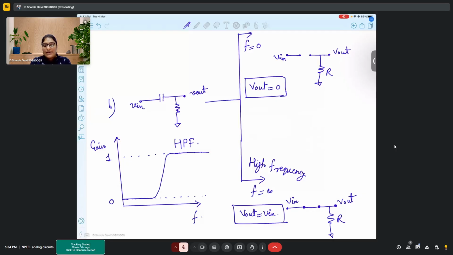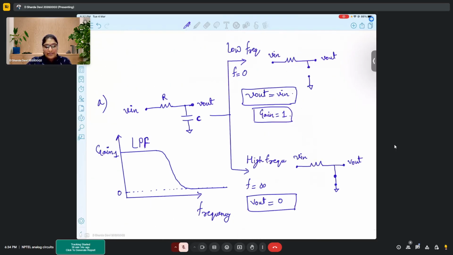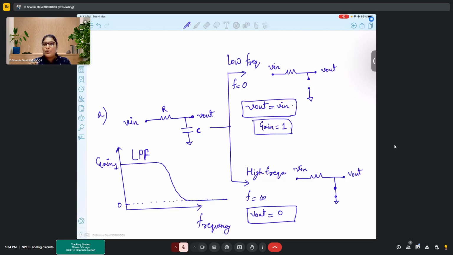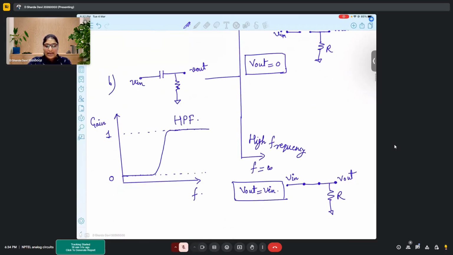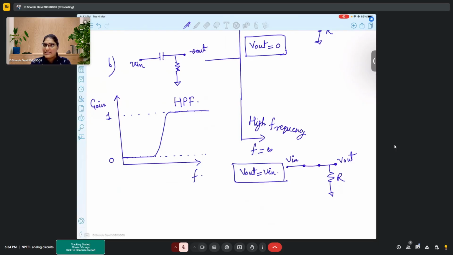Okay? And we have already observed that for a low pass filter, we would only need a single pole, nothing much is required. And for a high pass filter, we would need a pole followed by a 0 to get the behavior of a high pass filter. Okay, so we have analyzed low pass filter and high pass filter. We have also seen the basic circuit.